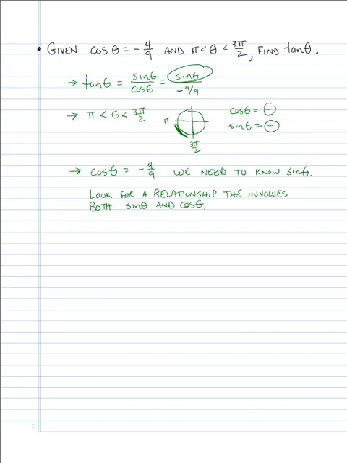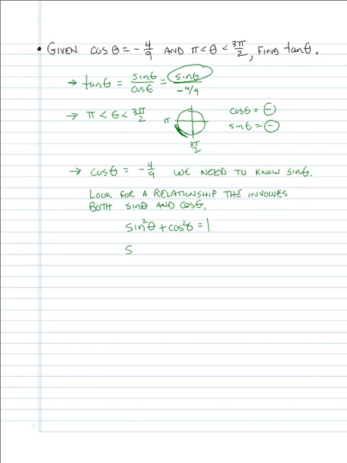In this case, that relationship is sine squared theta plus cosine squared theta is equal to 1. Because if I replace cosine of theta with negative 4/9, the only unknown I'll have is the sine of theta, and I can solve for it.